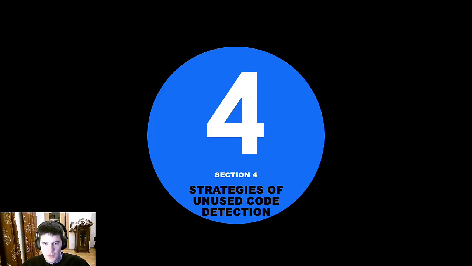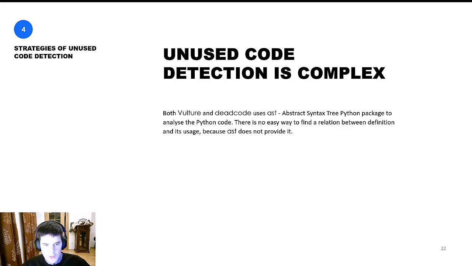Let's move to the last part of the presentation. Let's compare two different strategies of unused code detection. Both Vulture and Deadcode use abstract syntax tree to parse and analyze Python code.